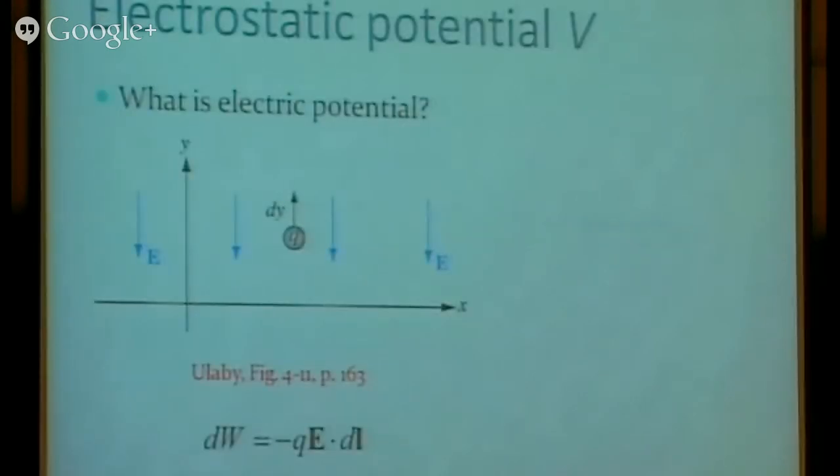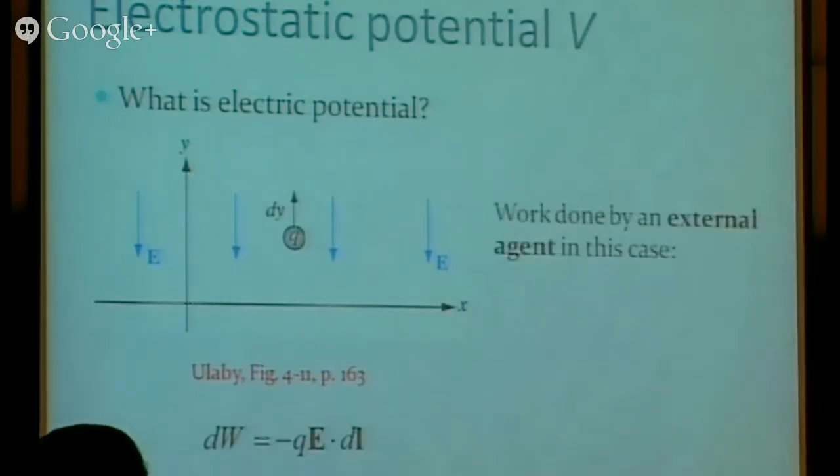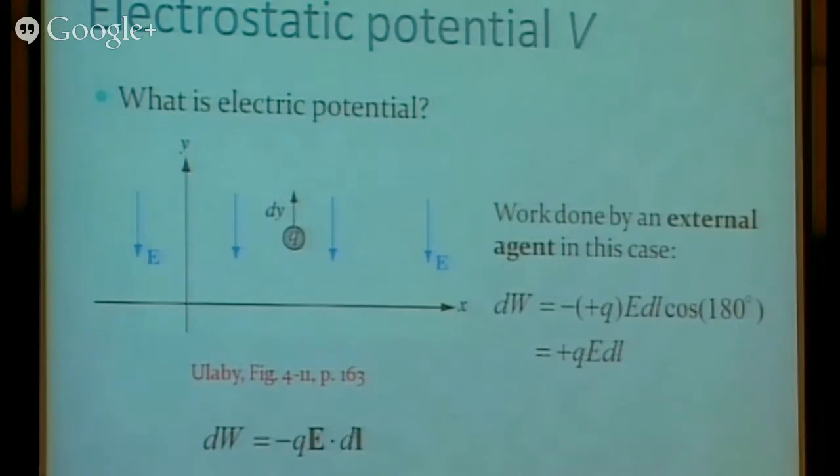Electrostatic potential we will not be discussing in detail because all the undergraduate textbooks deal with this. So we start from the work done by an external agent. Work done is force into distance. Force is, from Coulomb's law, the electric force QE, and this is the distance.